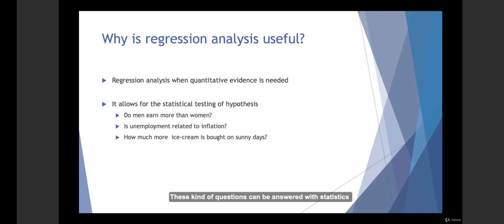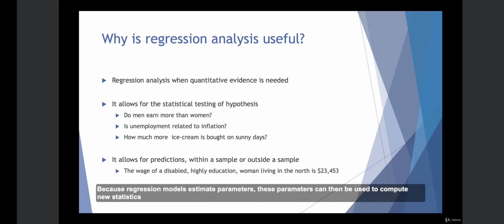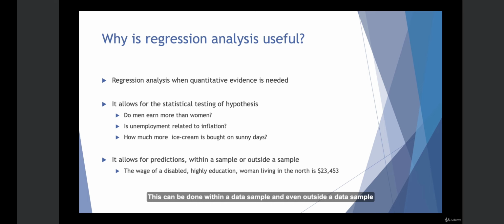These kinds of questions can be answered with statistics, and you'll often hear the term "this is statistically significant at the 5% level" in such analysis. However, regression also allows for predictions. Because regression models estimate parameters or coefficients, these parameters can then be used to compute new statistics. This can be done within a data sample and even outside a data sample.